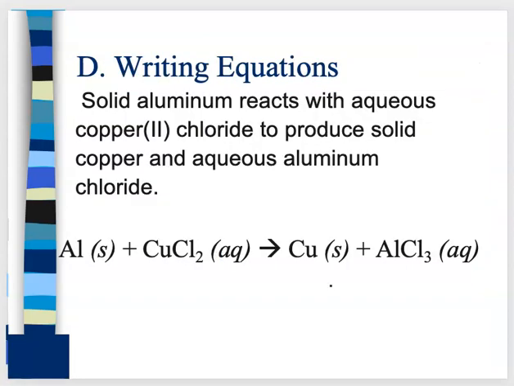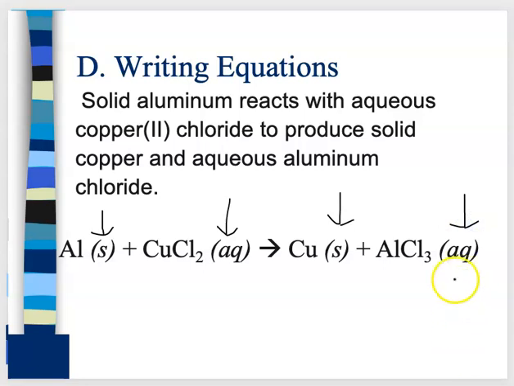All right, so here's a chemical equation with all of those state symbols written out. So here we've got aluminum in solid form reacting with copper(II) chloride that's dissolved in water, and that produces solid copper and a solution of aluminum chloride.